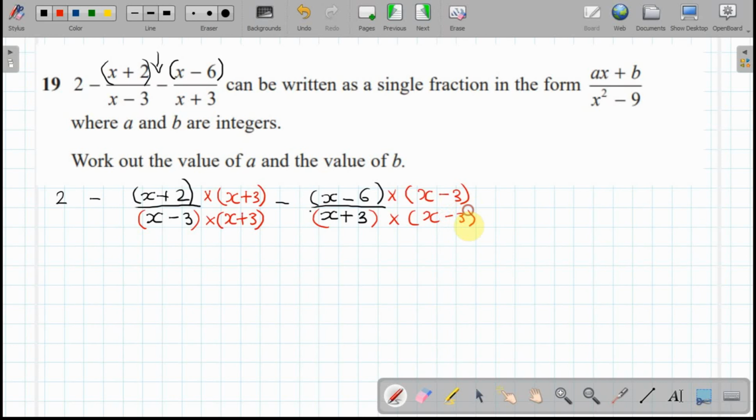I'm going to do some background work. I'm going to expand x plus 3 and x minus 3 just over here. So x plus 3 times x minus 3.